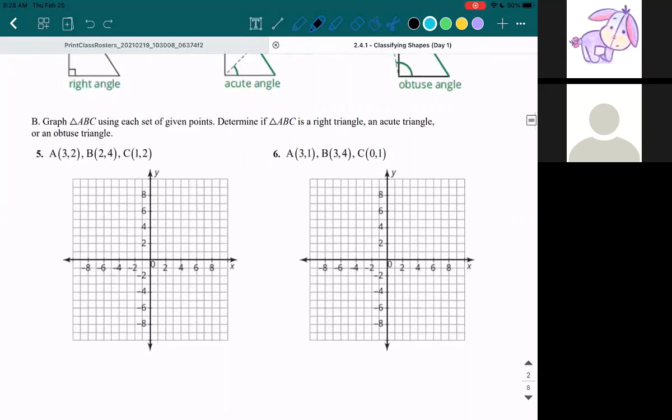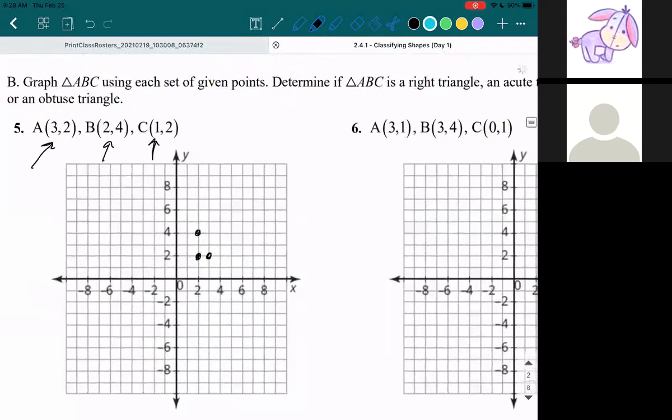Okay, so we're going to graph the triangle ABC, using each set of given points, and then we're going to determine if triangle ABC is a right triangle, an acute triangle, or an obtuse triangle. So let's graph A, graph B, graph C. Well, it's such a tiny triangle, but let me zoom in here.